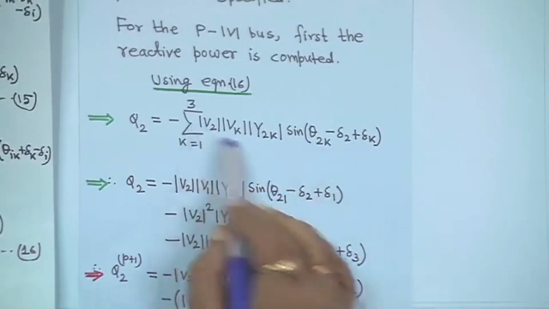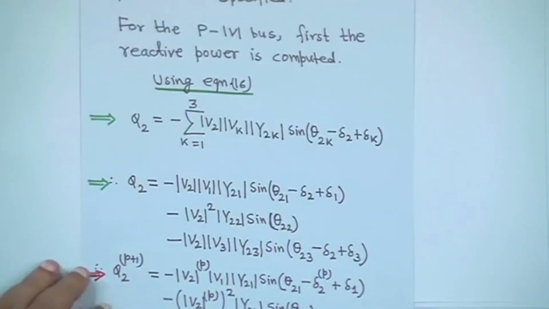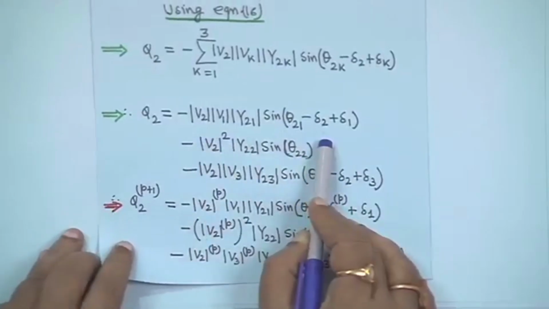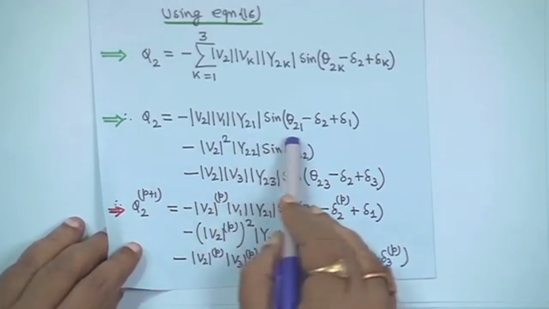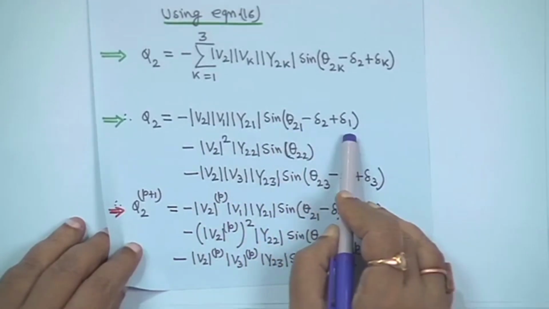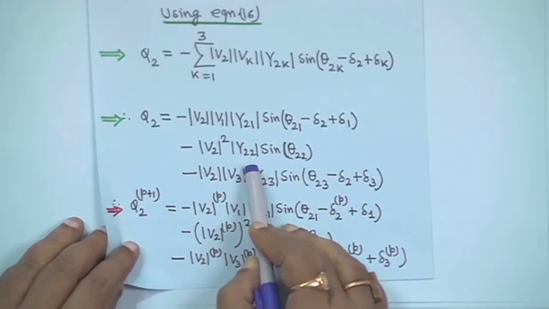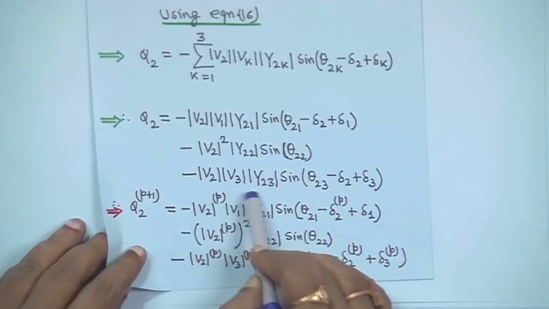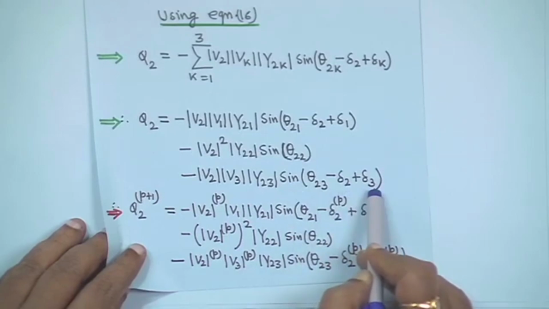If you expand this equation, you will get Q2 equal to minus magnitude V2 magnitude V1 magnitude Y21 sin(theta 21 minus delta 2 plus delta 1), minus magnitude V2 squared magnitude Y22 sin theta 22, minus magnitude V2 magnitude V3 magnitude Y23 sin(theta 23 minus delta 2 plus delta 3).